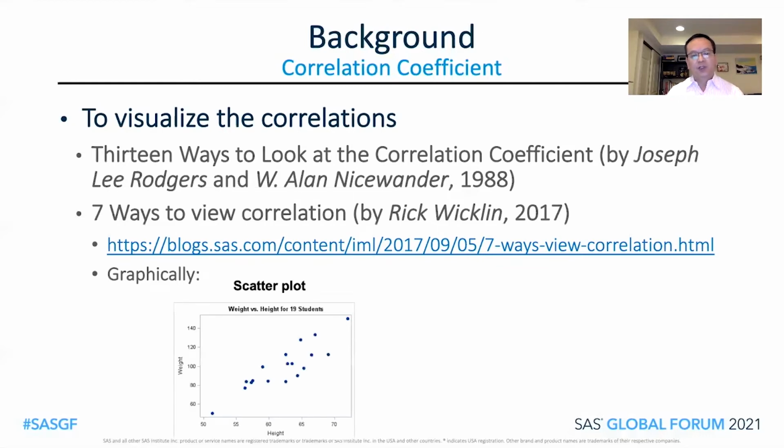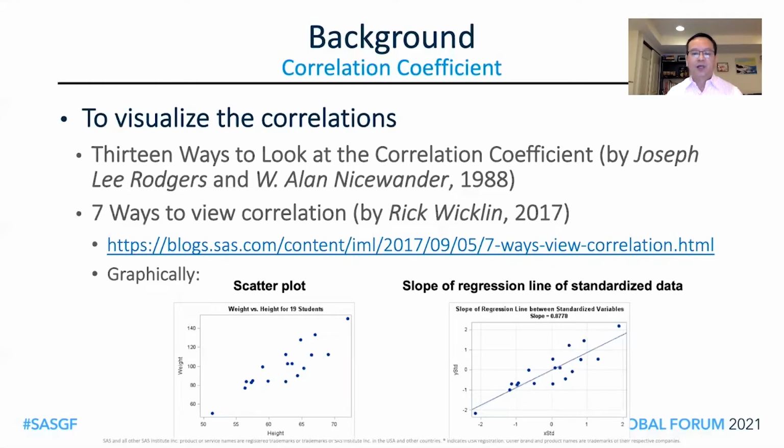Graphically, you can just use a scatter plot to visualize the bivariate association between two numeric variables. If the dots fall on a straight line, it means they are more correlated. And if you standardize the variables, then the slope of the regression line is the same as the correlation coefficient.